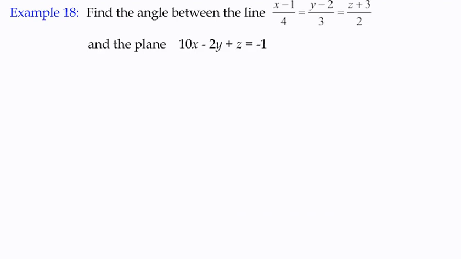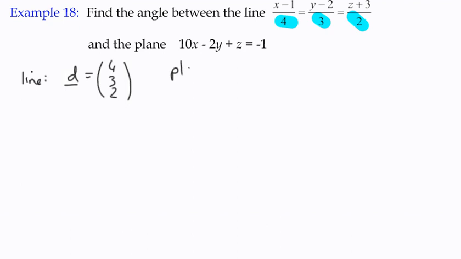So example 18, find the angle between a particular line and a plane. As we've always done, we'll extract the direction information. For the line, we don't need D1, we've just got 1. So from the line, we can say the direction vector is 4, 3, 2.